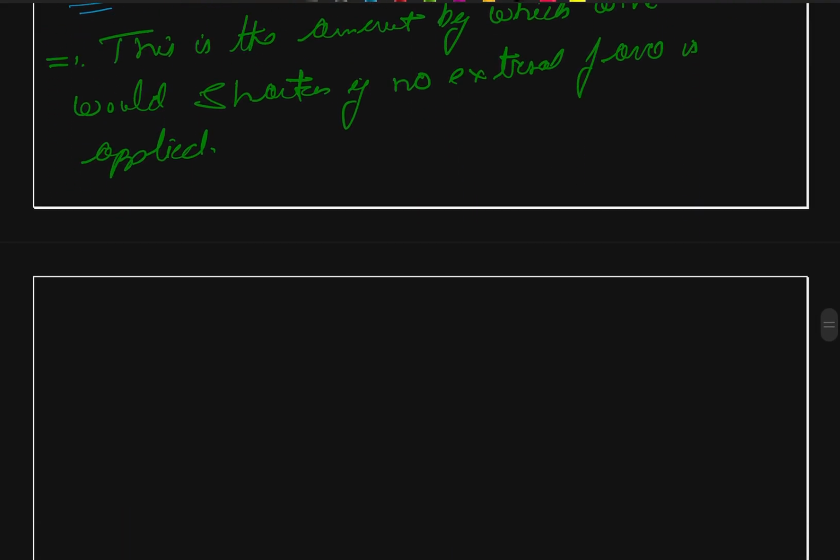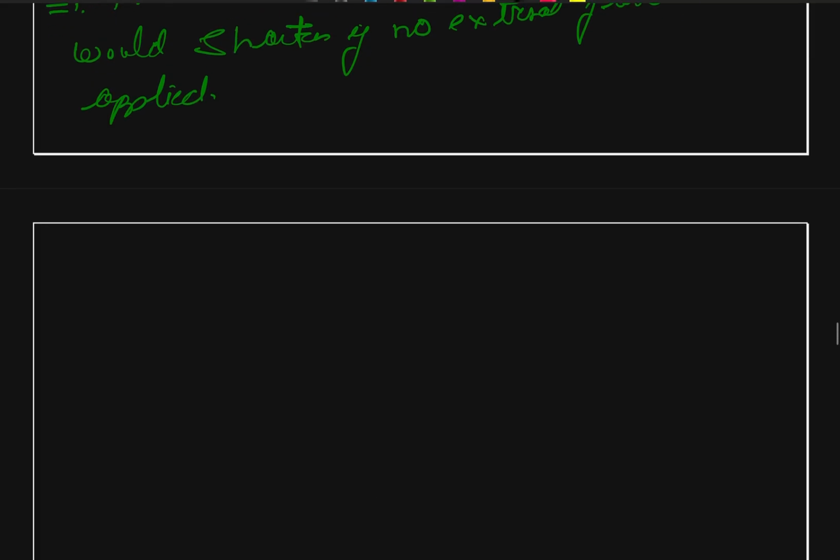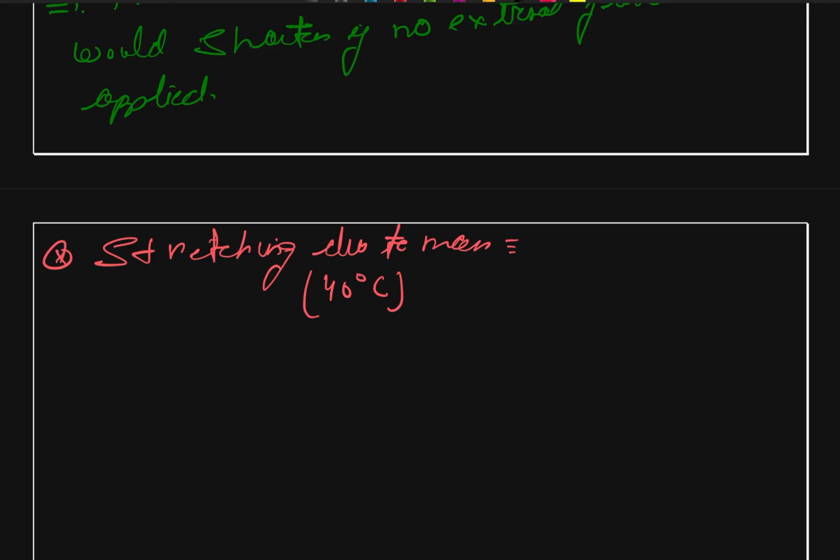So we can say our initial stretching is due to mass, and we have to remember this stretching is still at 40 degrees centigrade. So F is equal to mg.